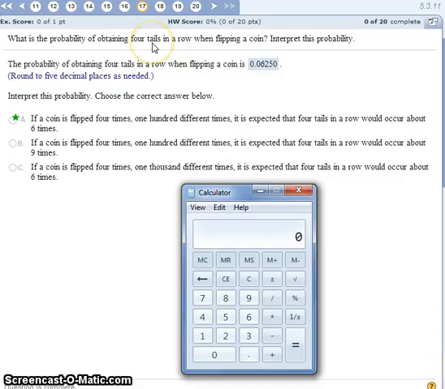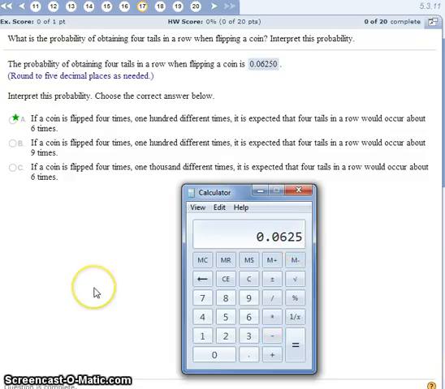So to figure out the probability of tails, tails, tails, tails 4 times in a row, you can just multiply the probability of each event. So there's the first tail, multiplied by the chance of getting tails again, multiplied by the chance of getting a third tail, multiplied by the chance of getting our fourth tail. And so we get a 0.0625 chance of getting 4 tails in a row.